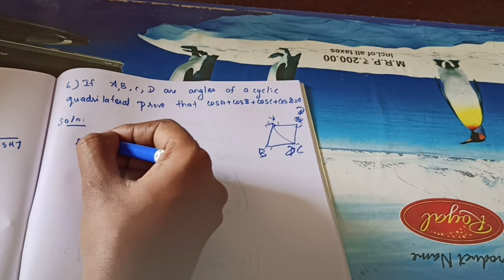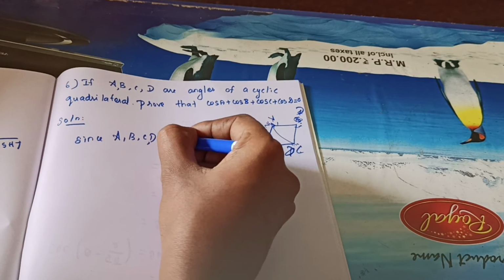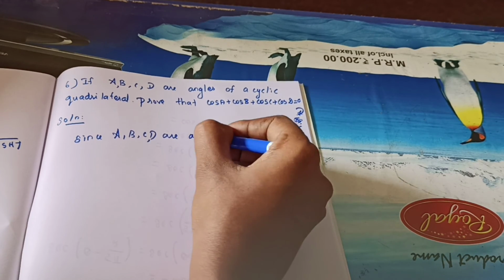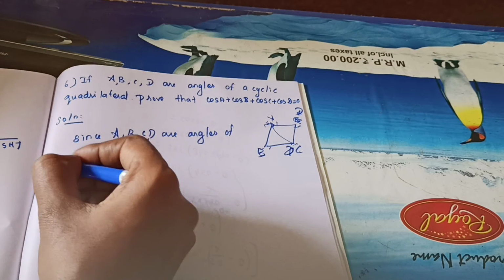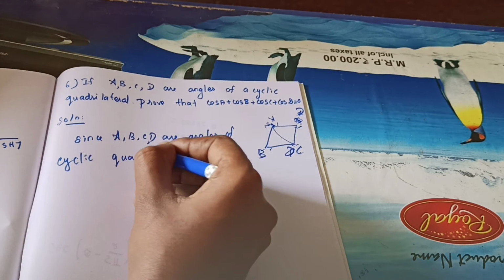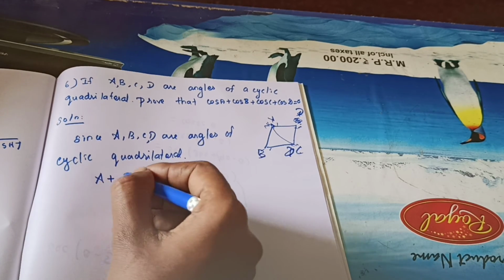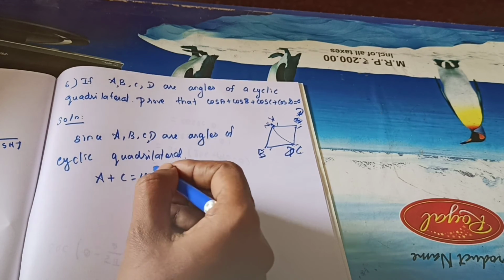Since A, B, C, D are angles of a cyclic quadrilateral, A plus C must be equal to 180 degrees.